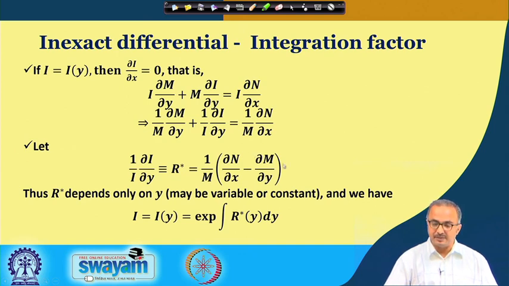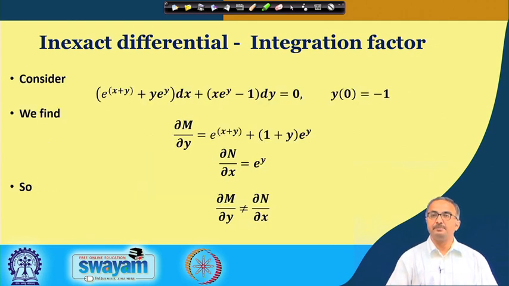That means this particular term should also be a function of only y. So, again we do the integration as before. It will be logarithm of I equal to the integral of r star dy. So, I equals exponential of the integral of r star(y) dy. This is the way we get the expression for I if I is a function of only y.